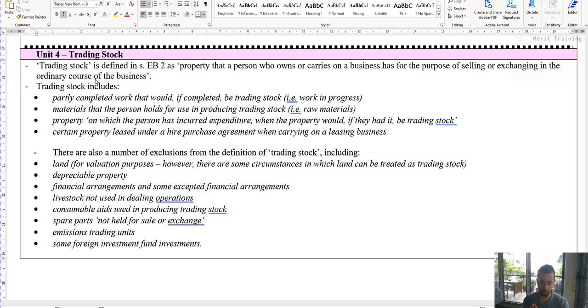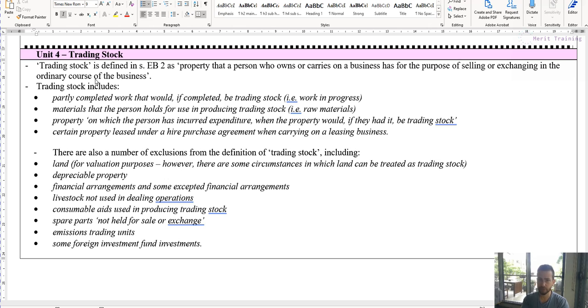But another example of a business where it would be revenue account regardless is potentially just a mechanic whose trading stock might be the oils out front, might be the spare parts as well. But yeah, you get the idea.